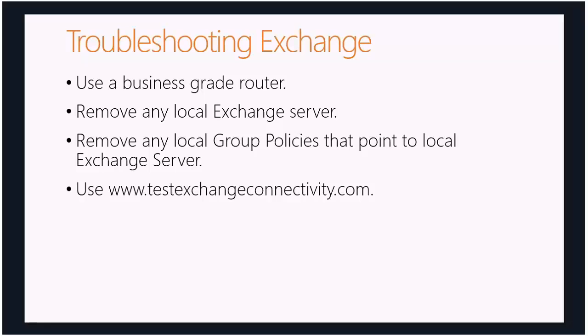So again, when you have clients, typically Outlook clients, that can't connect to Exchange Online, first port of call generally is to power up testexchangeconnectivity.com, go in and do the tests and have a look at the extensive information that is provided, and that will give you testing on things like DNS and autodiscover records and all that sort of stuff, and basically allow you to see where any issues may lie.